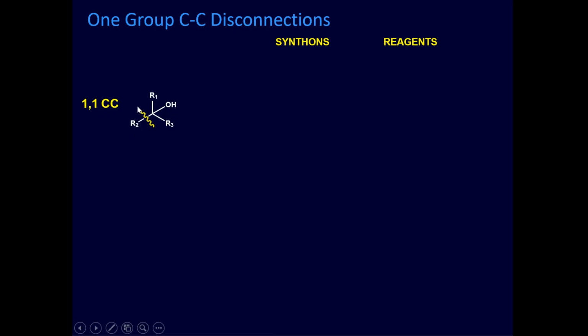In this case, I break the bond between the carbon and the carbon. Once I break this, one of the synthons will have electron richness, and another will be electron deficient. Here this is a donor synthon and this will be an acceptor synthon.